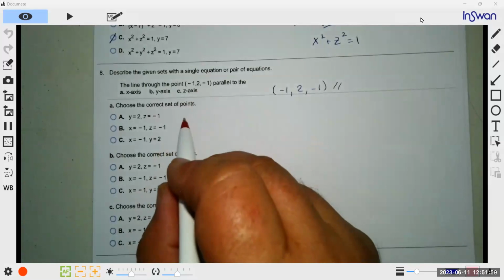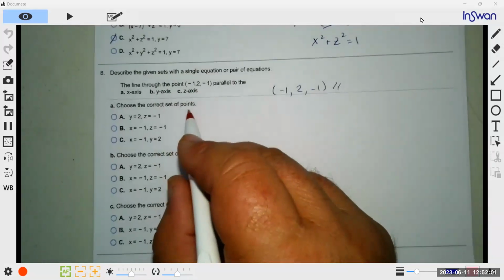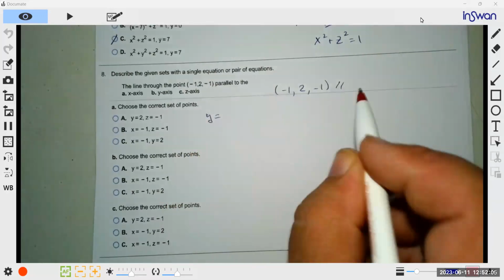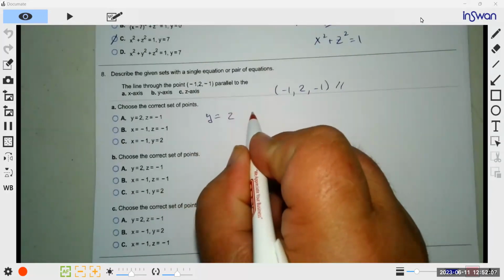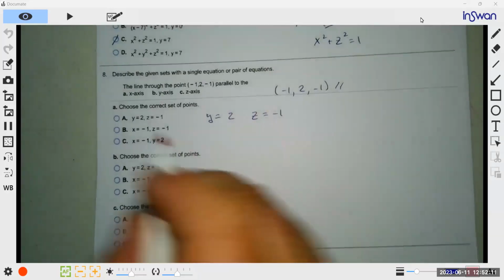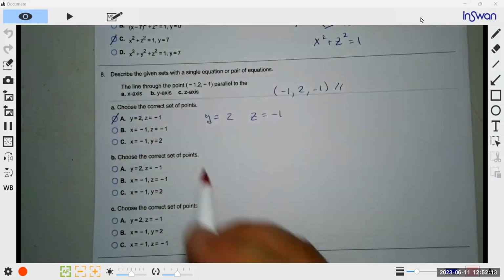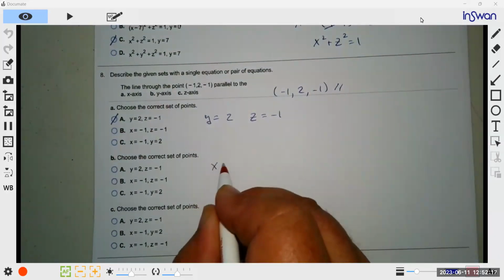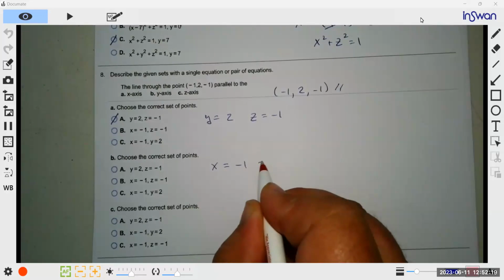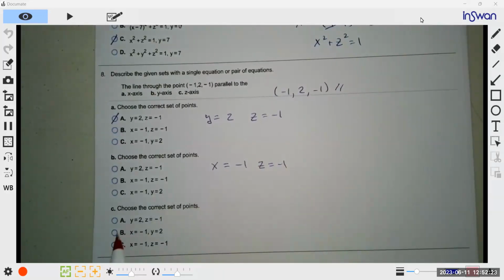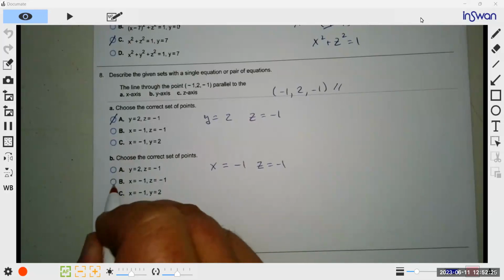If it's parallel to the x-axis, we just have the y, which is 2, and z equals -1. So it's A. If it's parallel to the y-axis, then we have x equals -1, z equals -1. B.